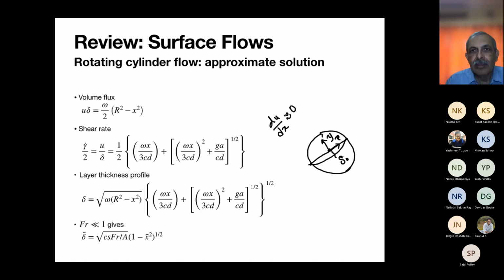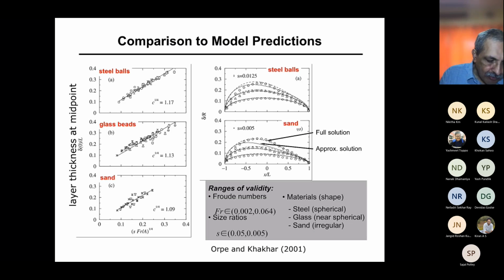So now we have got so much experimental data, now we can check is any of this correct? And here you can see, first of course, the layer thickness at the middle, delta 0, for different materials, plotted versus S times Fr divided by A. So that unknown parameter C is kept as a constant.